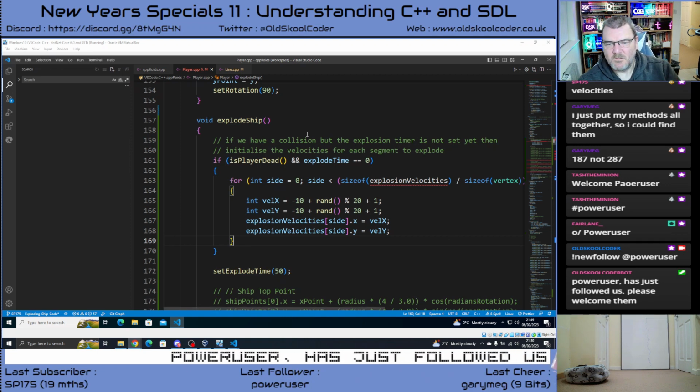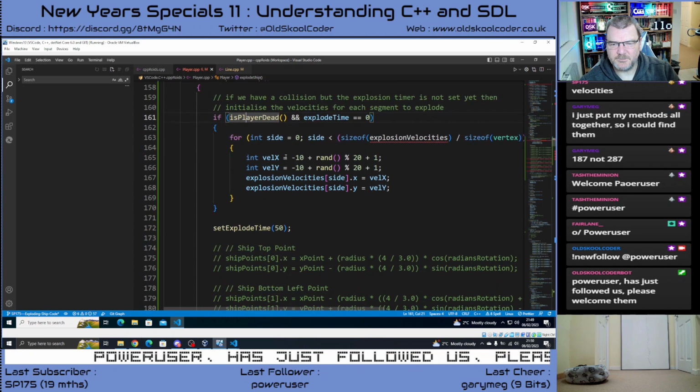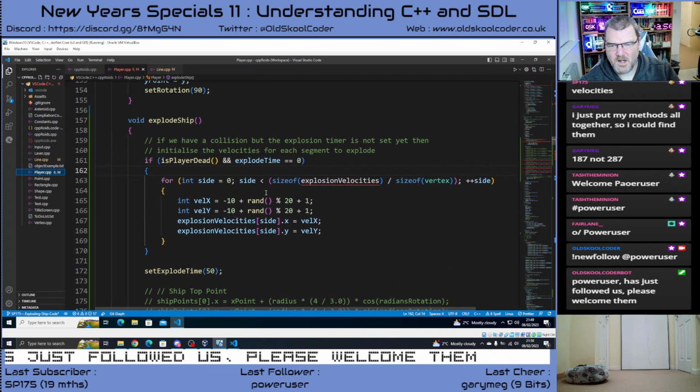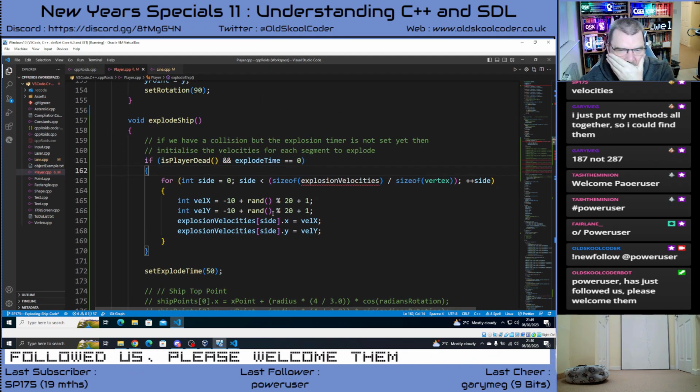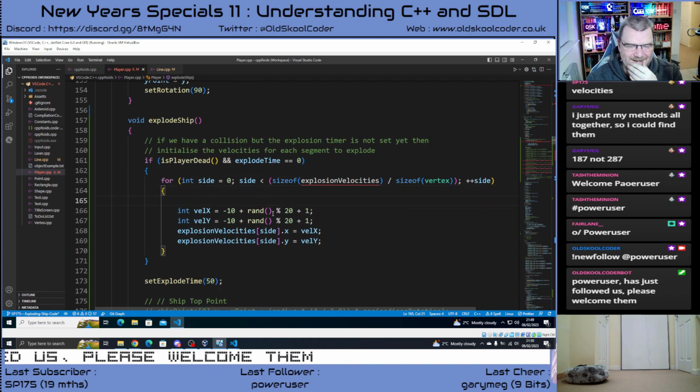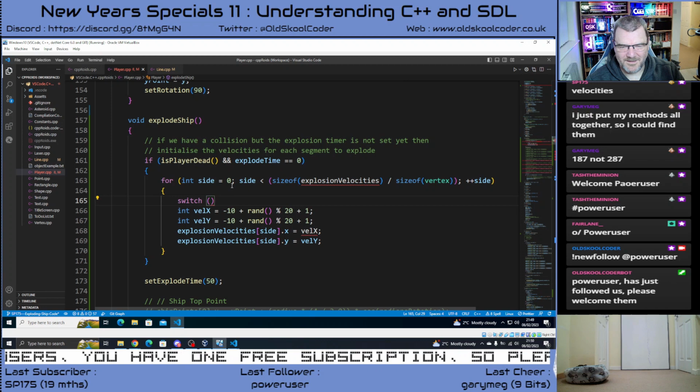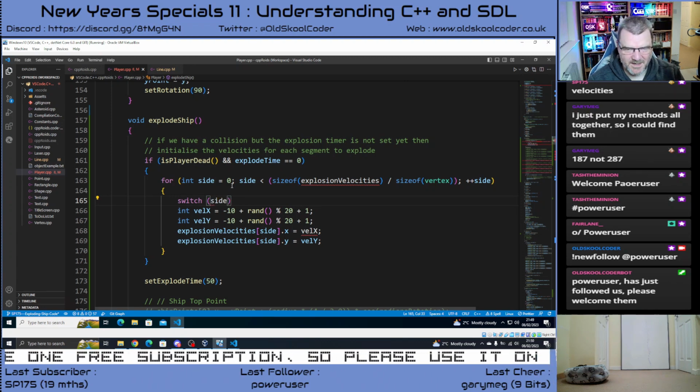Right. So we need to put it in here. So I'm going to use a switch. Oh, this is where I'm going to get stuck again, because I don't use switches that often. So switch is side, yeah?